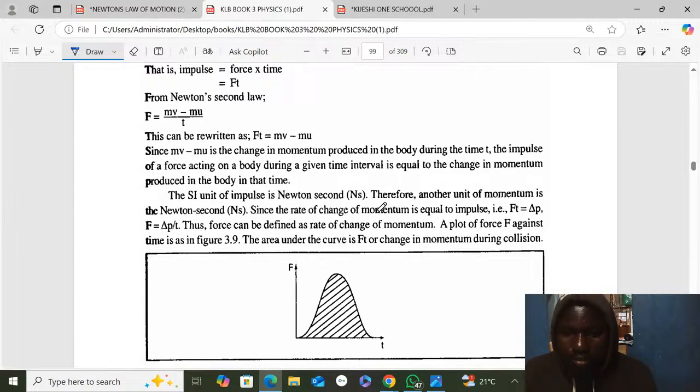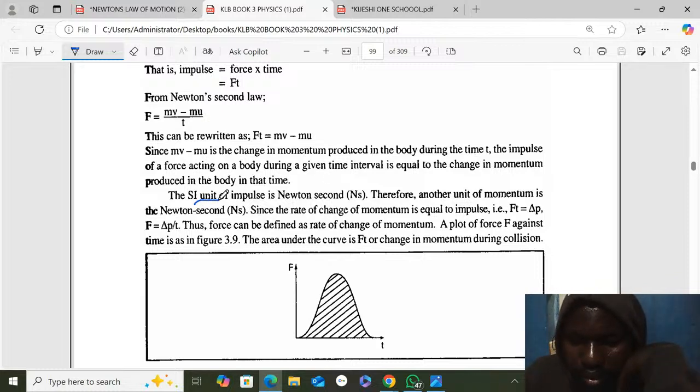Yes, this part now. Can we ask something that we can add? So the SI unit of impulse is Newton second. So it's like we're saying another unit for momentum can be Newton second.